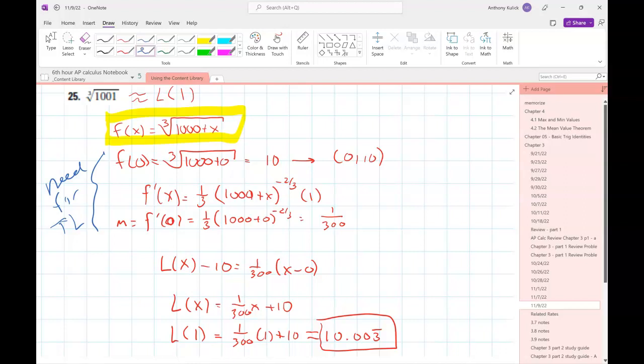And then writing the tangent line is easy. And plugging 1 into it is easy. Really, the hardest part was coming up with the f of x. Or a good f of x anyways.